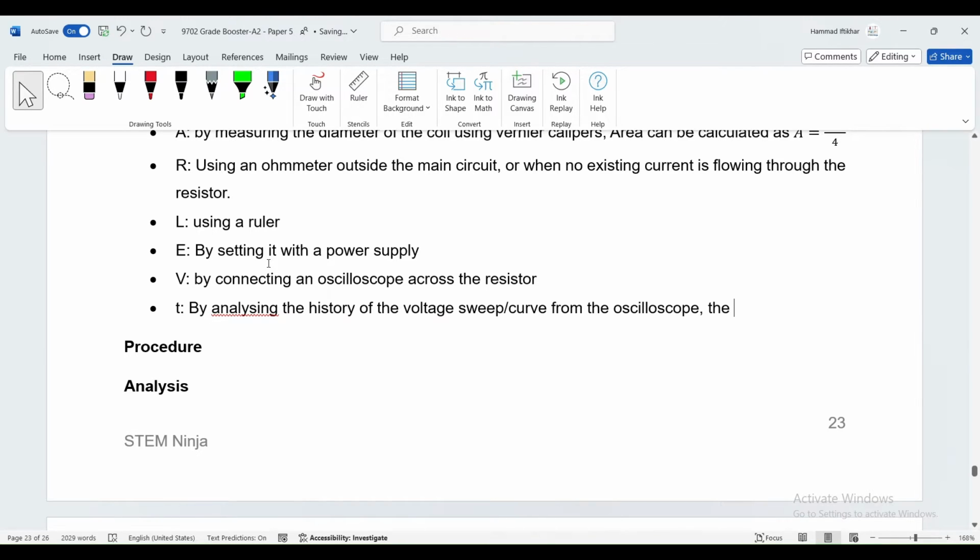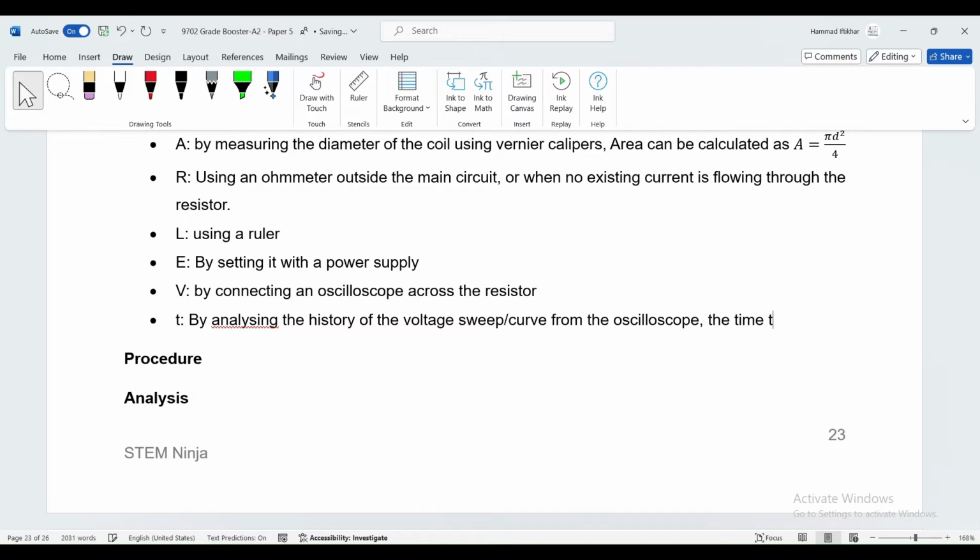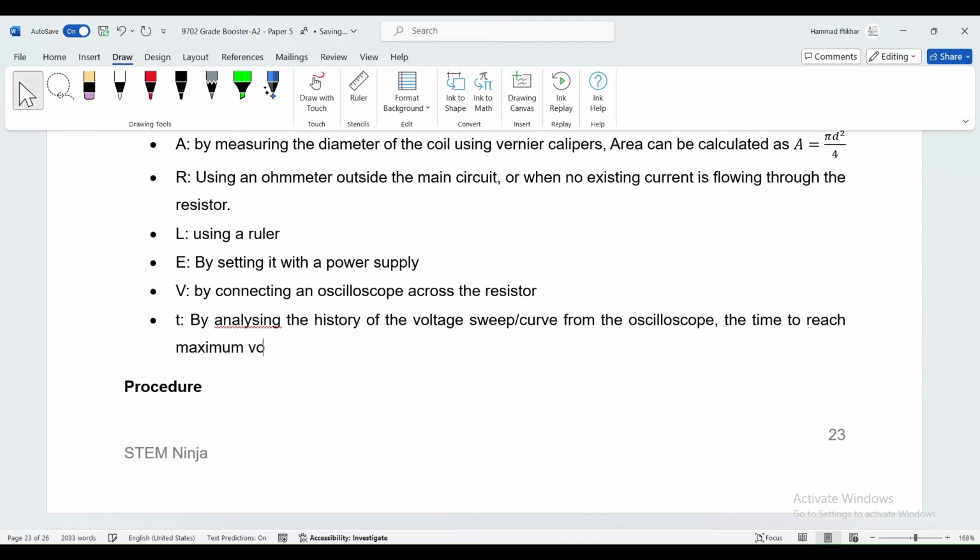The time to reach maximum voltage or potential difference can be determined.